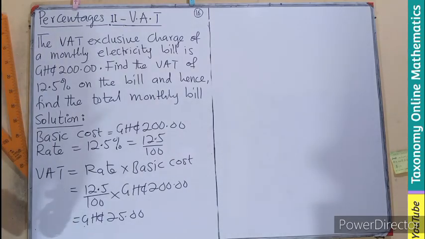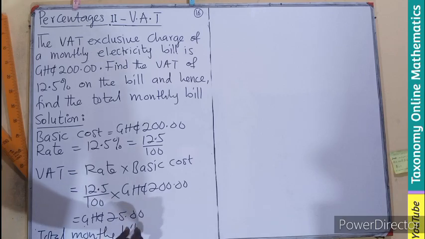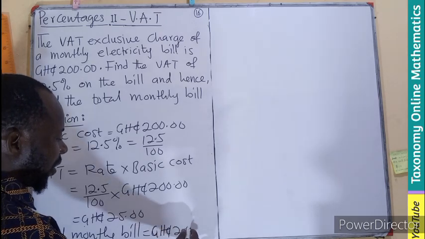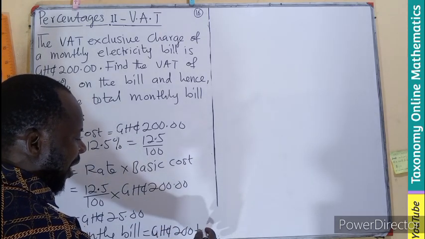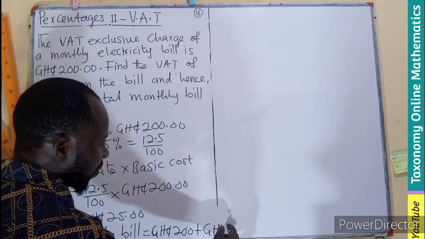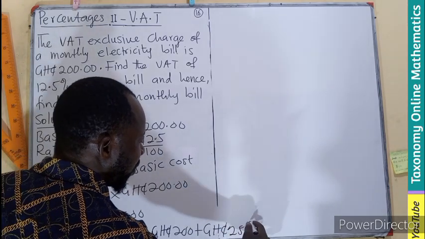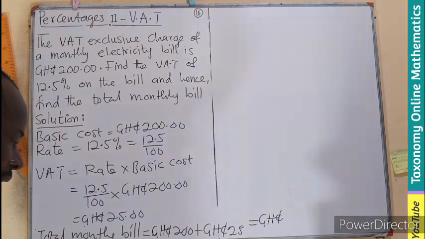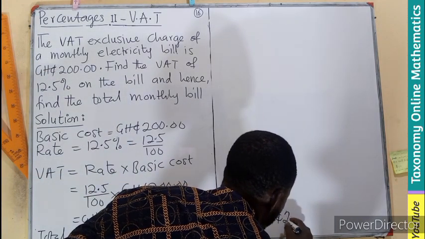So I can say total monthly bill will be equal to the basic cost, which in this case will be our 200 cedis plus the VAT component, which is 25. Putting all together, we still be having 225, I guess, right?